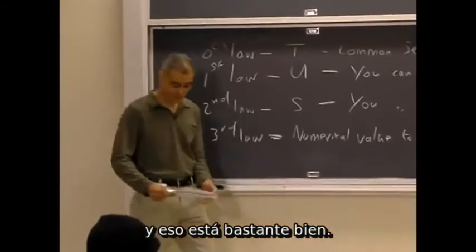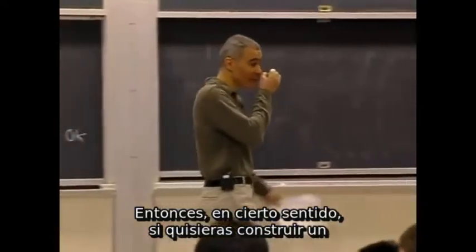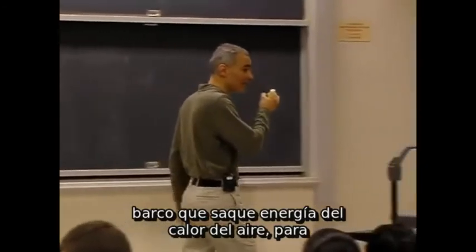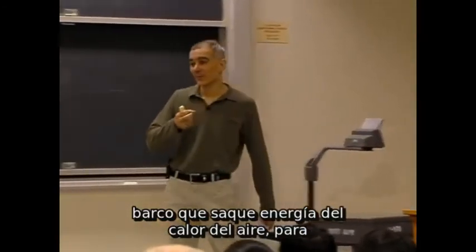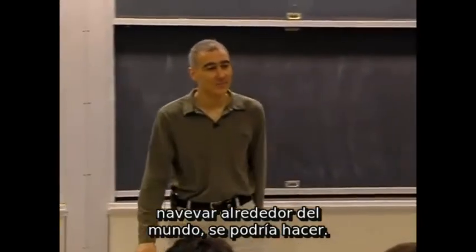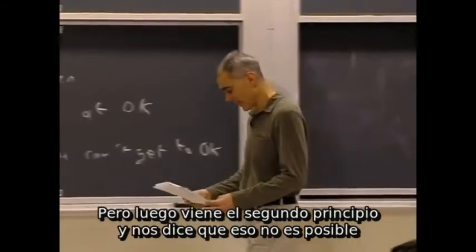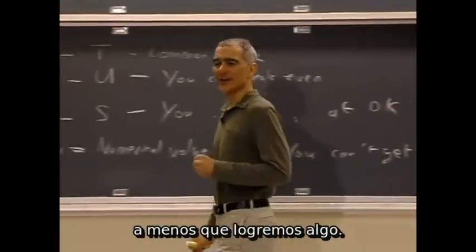And that's pretty neat. So in a sense, it says, if you wanted to build a boat that took energy out of the air, out of the warmth of the air, to sail around the world, you can do that. Right? And then the second law comes in and says, well, that's not quite right.